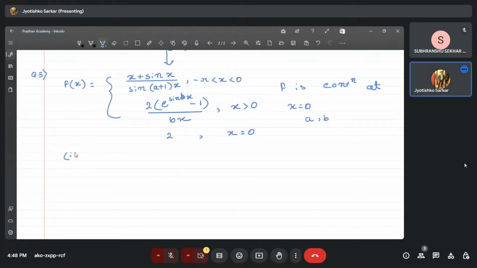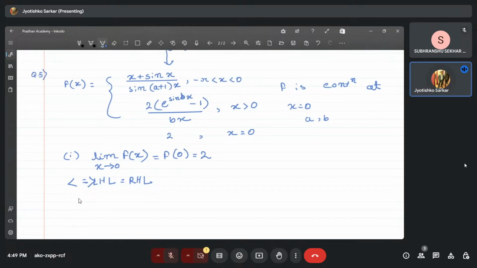That the limit at 0 must be equal to f(0) as it is continuous. Now f(0) is 2. And what is our limit? The criterion for the existence of a limit is that the left hand limit is equal to the right hand limit. LHL must be equal to RHL. After that, our limit will exist.